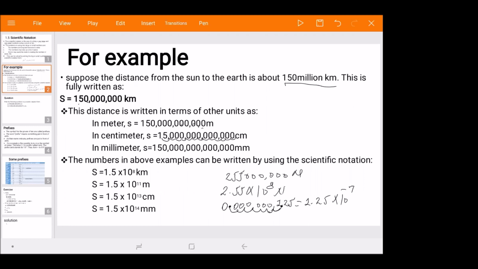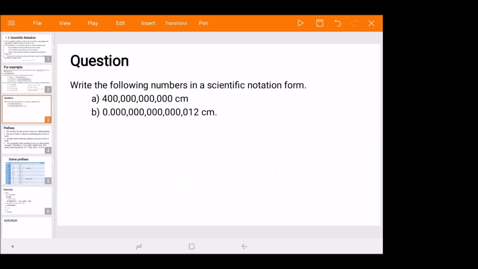It can avoid the errors which can be made when you read. Therefore, by using scientific notation, we can write very large or very small numbers. I think it is clear for you. Yes, it is clear.